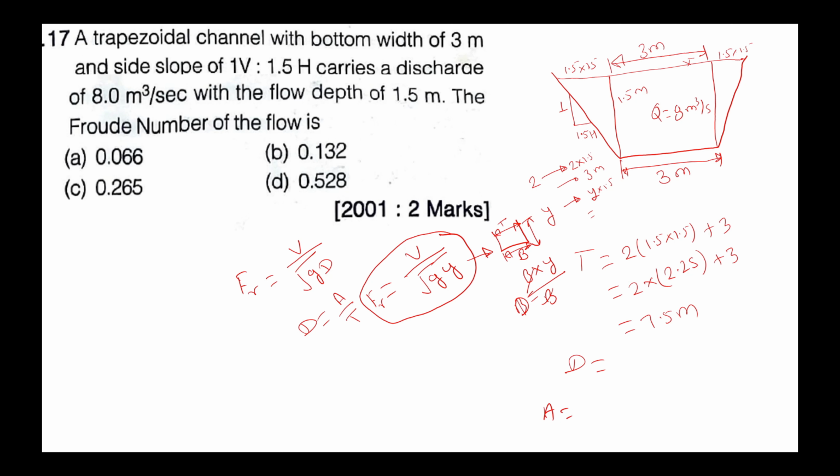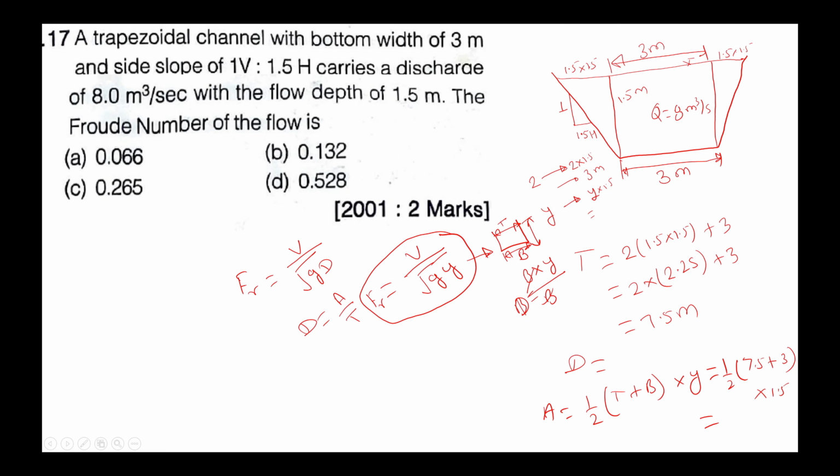So let me first calculate the area of the trapezoidal section. Half top width plus bottom width into height, so 1 by 2, and top width is 7.5 plus B is equal to 3 into how much? Your depth 1.5.